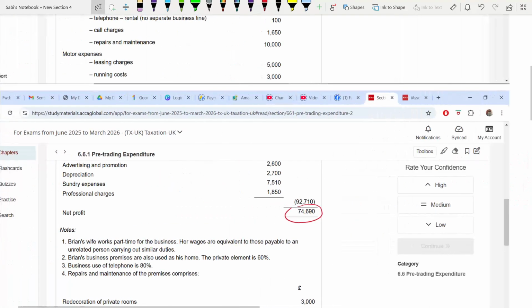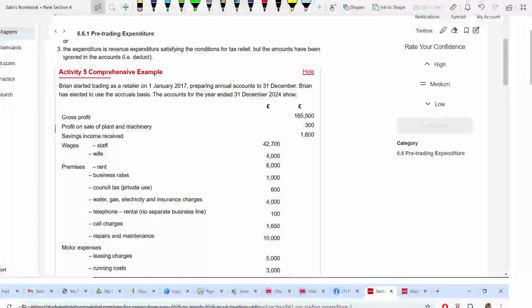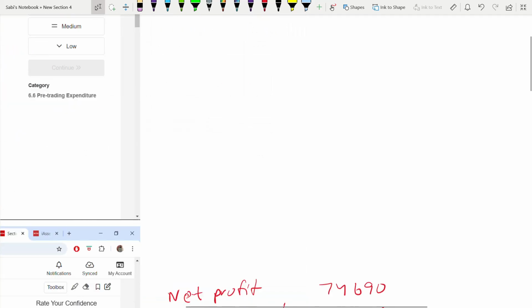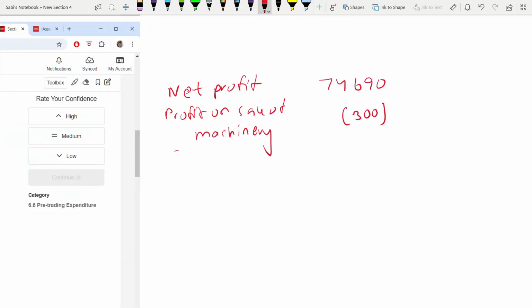Next, number 2 is your savings income, 1,600. This also is not trading income, so you have to deduct 1,600.